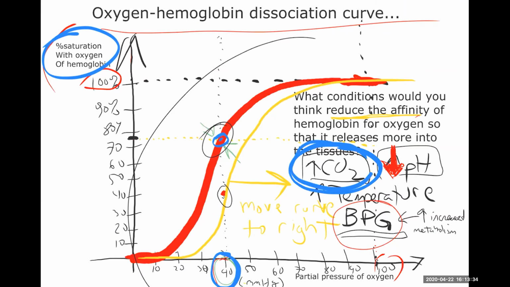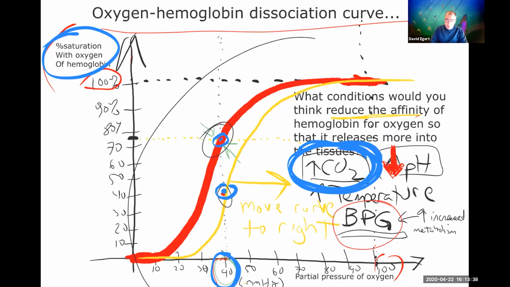But in this situation where there's a lot more CO2 around, maybe now we're releasing 50% of the bound hemoglobin. So the amount of CO2 around is one of the important things that affects how tightly the hemoglobin holds on to the oxygen under any particular condition.